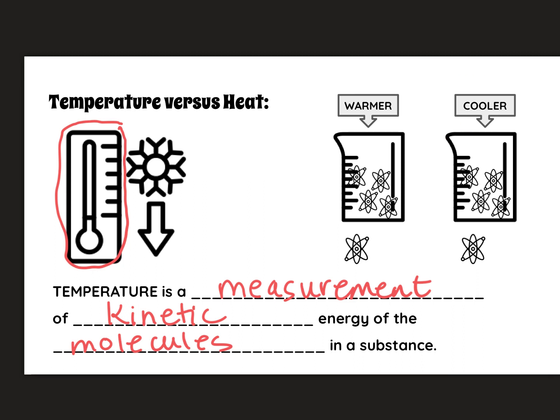And really, that's due to the speed of the molecules. Something that is warmer has molecules that are moving more quickly. So we'll give them 2 speed marks. And then if something is cooler, we'll say they're not moving as fast, so we'll just give them 1 speed mark. So temperature is a measurement, and heat is really the movement of thermal energy.